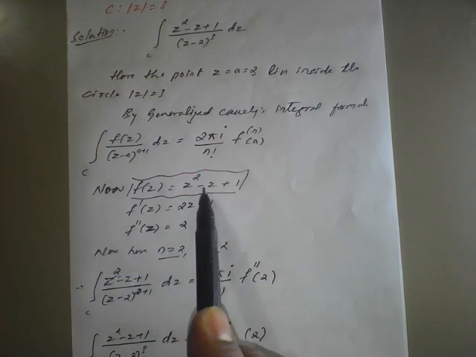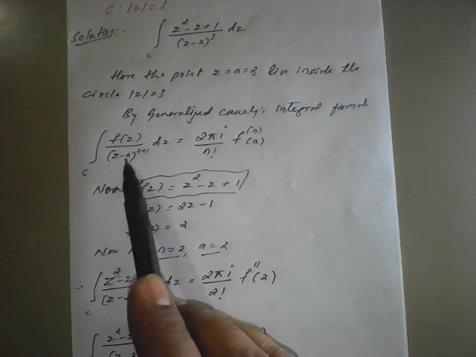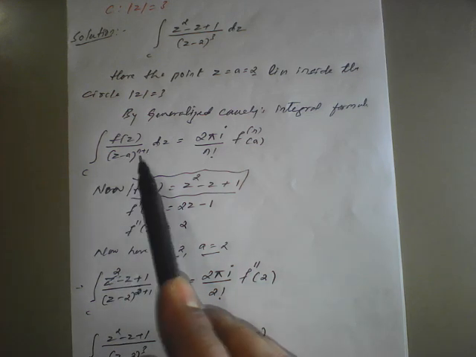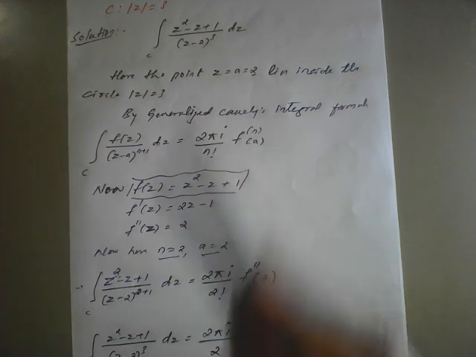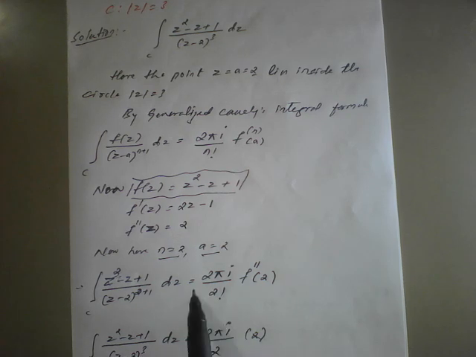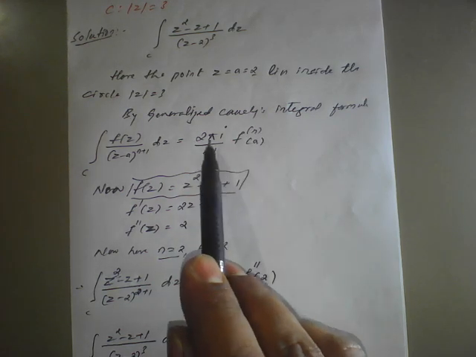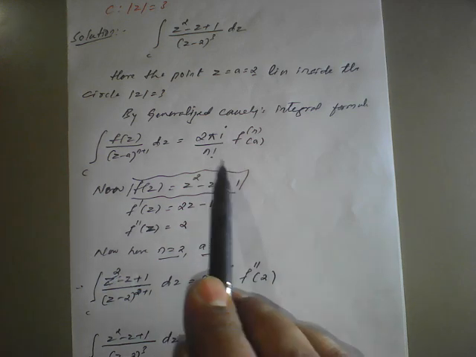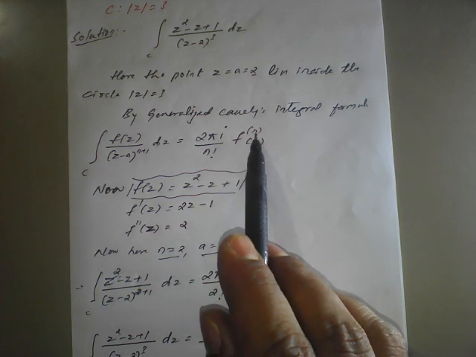So f of z is z square minus z plus 1 divided by z minus a, where a is 2, raised to n plus 1, that is 2 plus 1, into dz. Once you finalize this, you should see that this and the question are the same. So it is equal to, as per the right hand side of the generalized Cauchy's integral formula, 2 pi i upon 2 factorial, since n is 2.